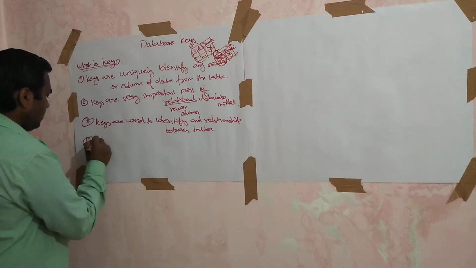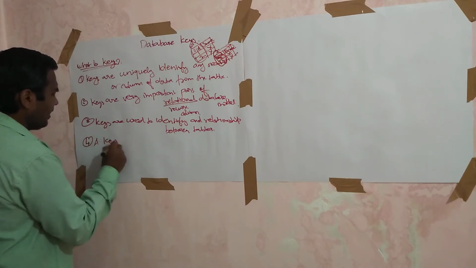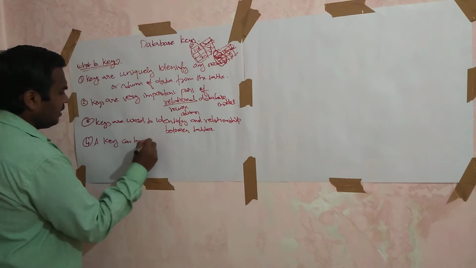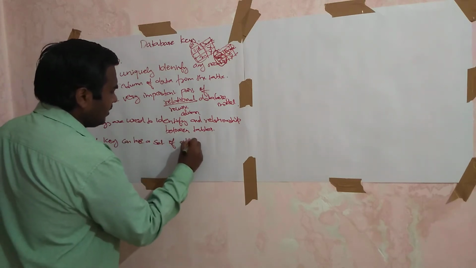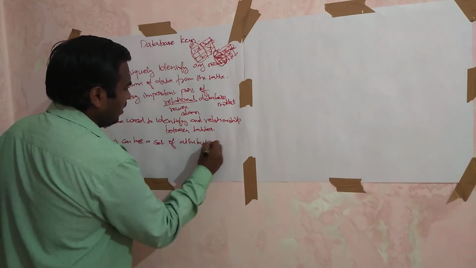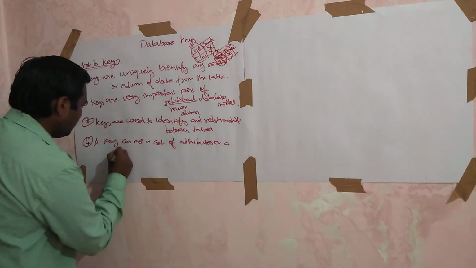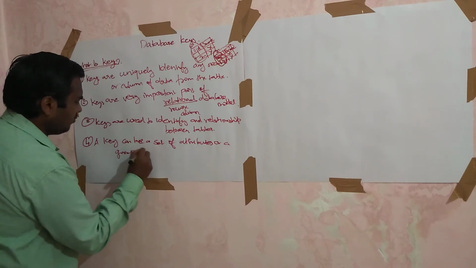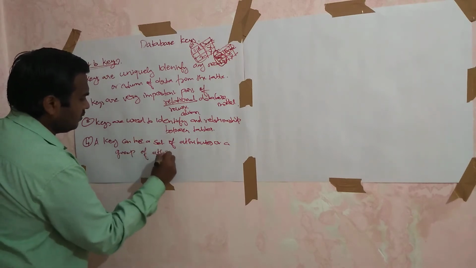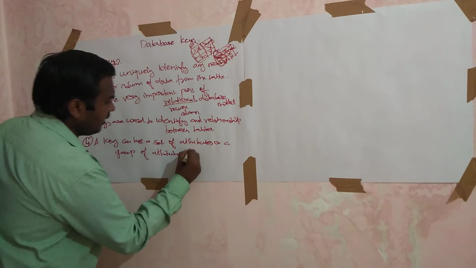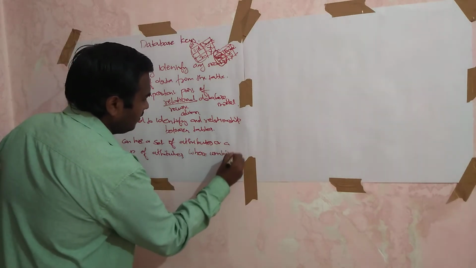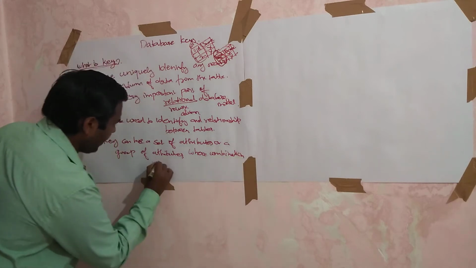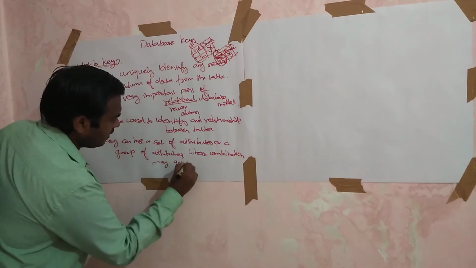Fourth point, a key can be a set of attributes or a group of attributes where the combination may act as a key.